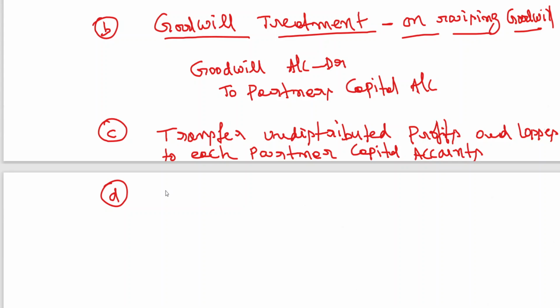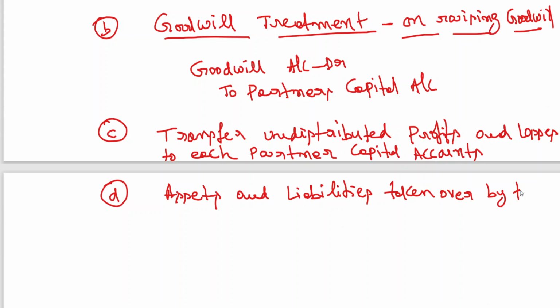So here I am writing assets and liabilities taken over by the partners.